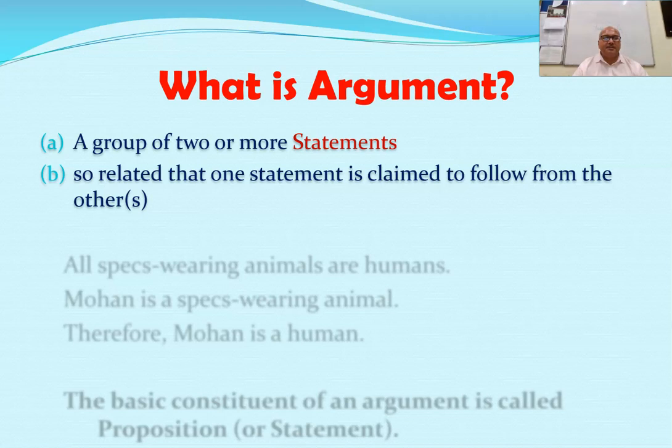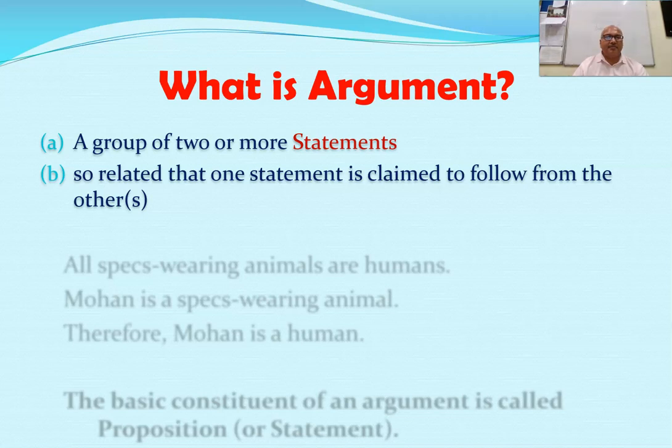That means in the group called an argument, we find one statement which follows from the other statements. That means that particular statement is in need of the support of other statements, and it depends on the quality of support it garners from those statements, and that determines the nature of the argument.